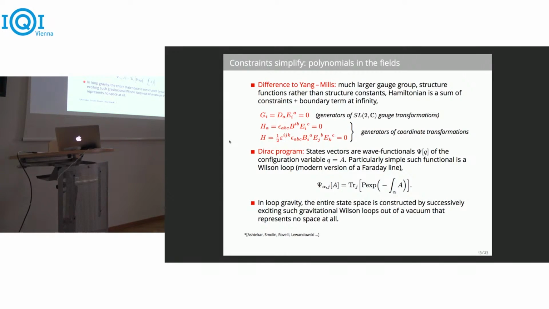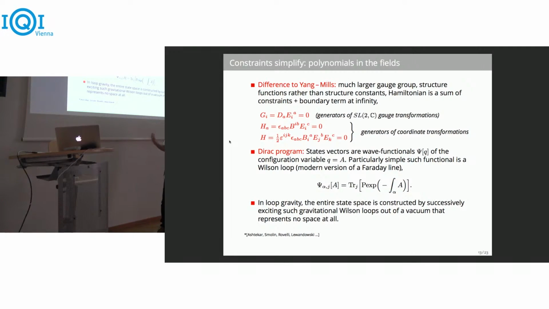Well, they are the local frame rotations, so Lorentz boosts of your orthonormal frames, in addition to coordinate transformations or diffeomorphisms. And working in the Hamiltonian formalism, they split into spatial diffeomorphisms and temporal diffeomorphisms.